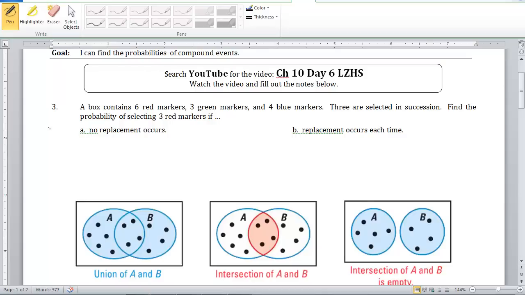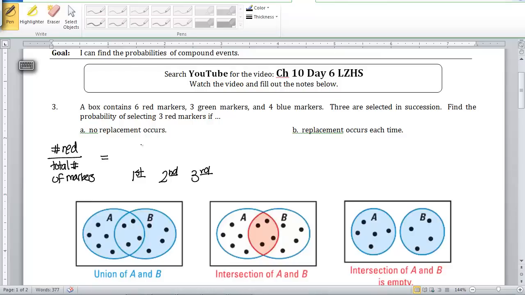Again, for probability, if we want to find the probability that we succeed, here succeeding would be getting a red marker. So we need the number of possibilities to get a red marker divided by the total number of markers. Then remember, we're going to have 3 draws. So there's the first time we take a marker out, the second, and the third.